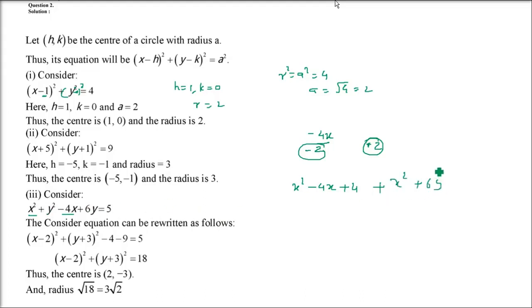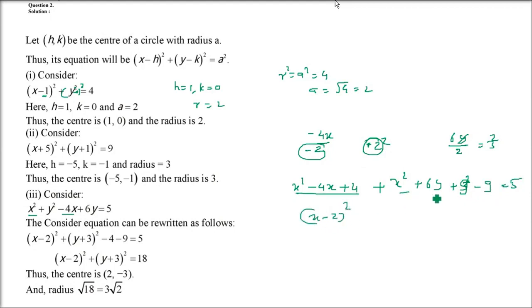Similarly, this y square plus 6y, just divide 6 by 2, what do you get? 3. You just add 3 square and subtract 3 square. So you have 9, you can add 9 and subtract 9 also. Whatever you are adding, you have to subtract also. And on the right hand side, you already have a 5.